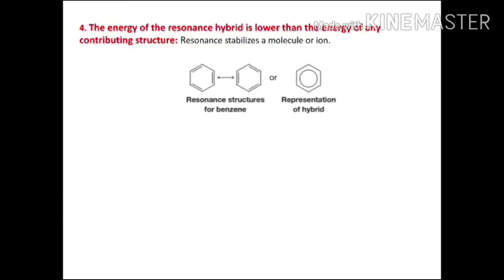The well-known example is benzene, where you can see two extreme canonical forms, and in the resonance hybrid you represent the six delocalized electrons as a circle. That is the cyclic movement of electrons. The resonance hybrid is the most stable structure of the given molecule.